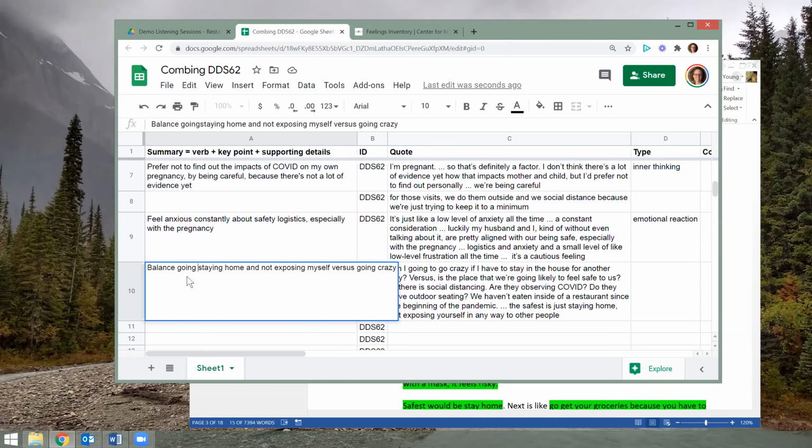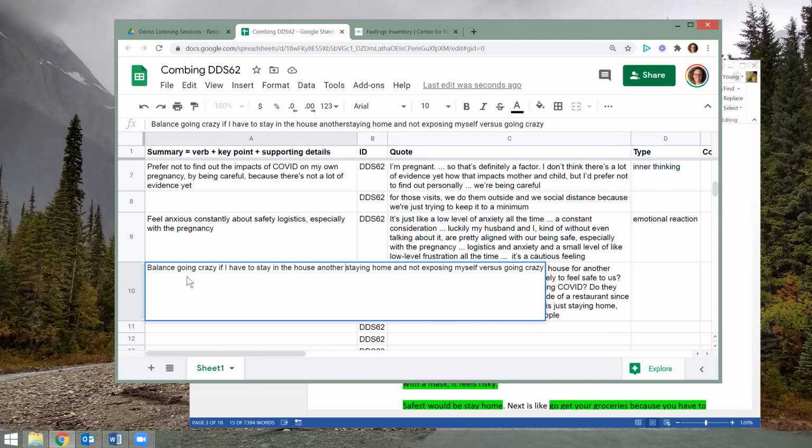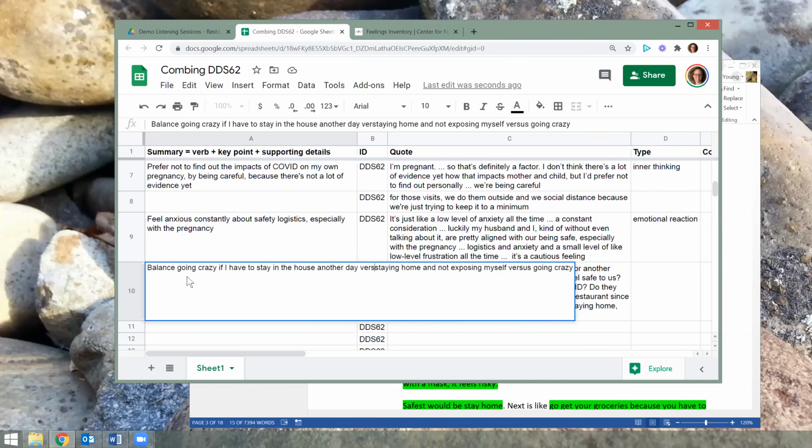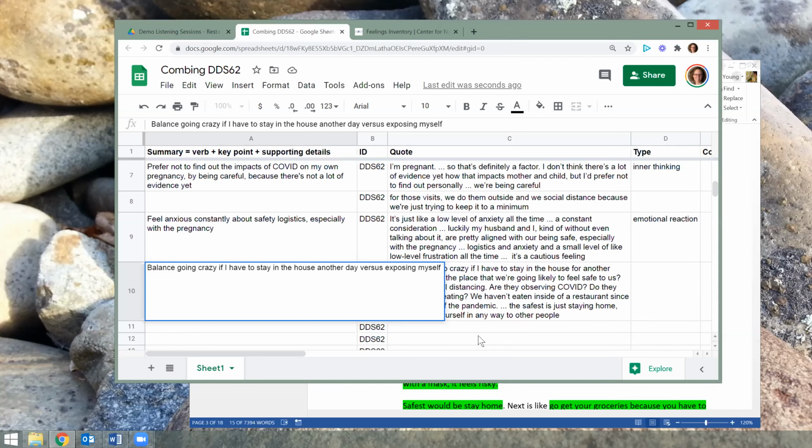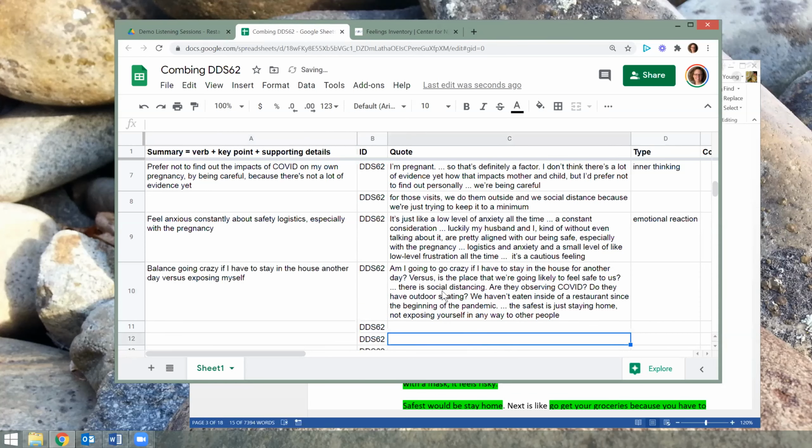Balance going crazy if I have to stay in the house another day versus exposing myself. Beautiful. Wow, that's much more powerful.